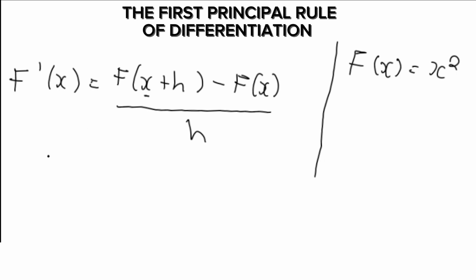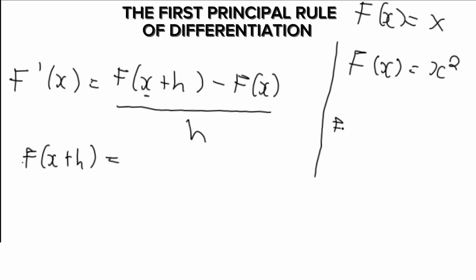And so for us to first find, we can break this into parts by first finding our f of x plus h. So there, what we'll do is substitute this x with x plus h. What I mean is, wherever you have x here, so for example, let's go back to an example like this, f of x is equal to x squared there.